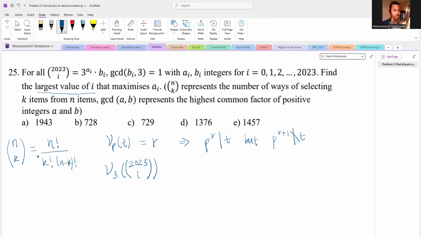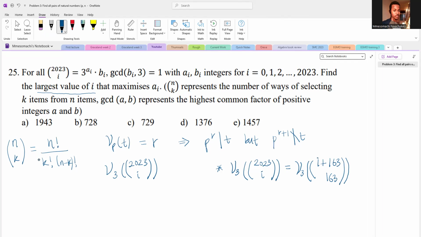First, I'm going to show that the 3-adic valuation of 2023 choose i is equal to the 3-adic valuation of i plus 163 choose 163. We're going to try to show this.